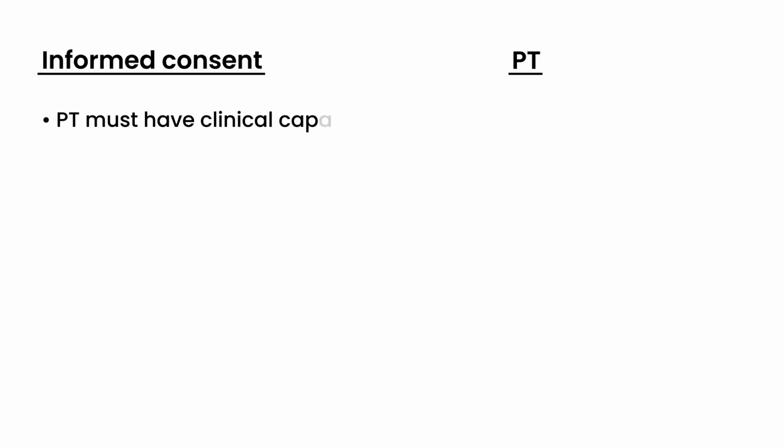Now I wanted to talk a little bit about informed consent, which really has to do with the first part, where you're speaking to the patient. If you are speaking to the patient and you are trying to get consent to do some medical procedure or intervention, the patient must have clinical competency and capacity. Patient must have the ability to understand you and make decisions.